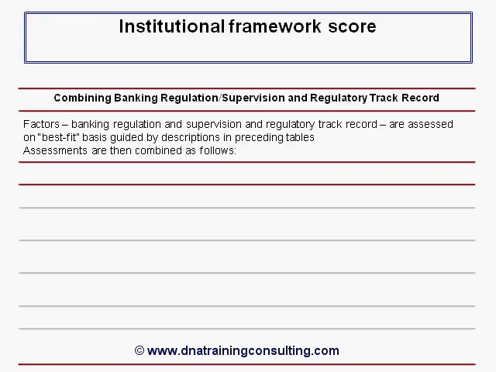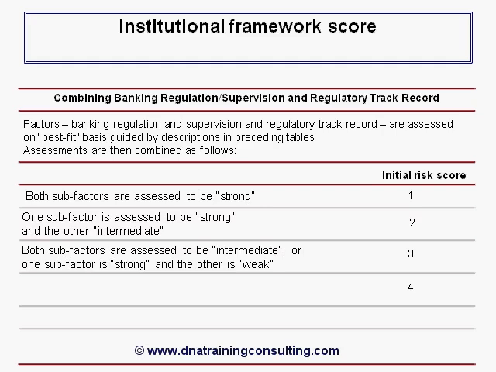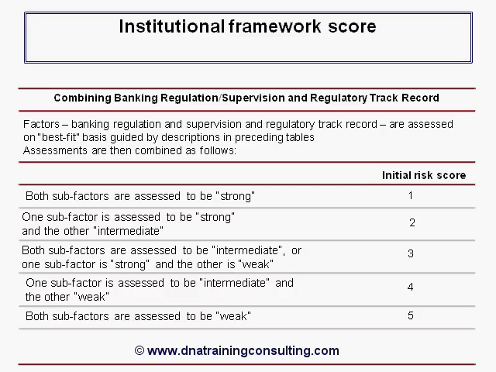An initial risk score of 1 is awarded if both subfactors are assessed to be strong. Then, as you can see, the risk factor increases towards 5 as the various combinations of assessments diminish in quality, with a 5 being awarded if both subfactors are assessed to be weak.